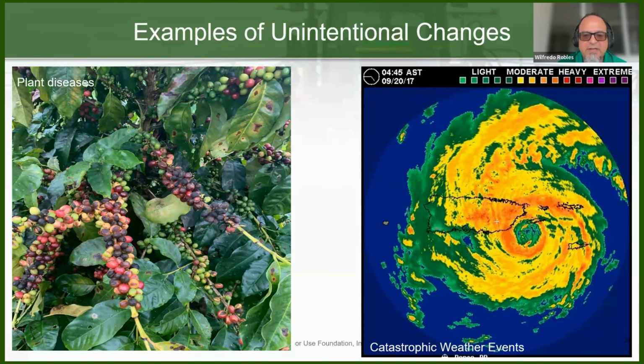And on the right side, probably some of you know, in 2017 Puerto Rico was beaten by a catastrophic weather event, Hurricane Maria. I remember pretty well, we had five trials in the field. We got hammered by this hurricane.